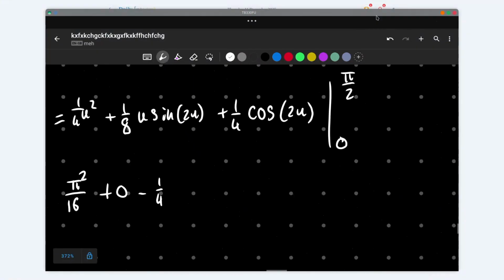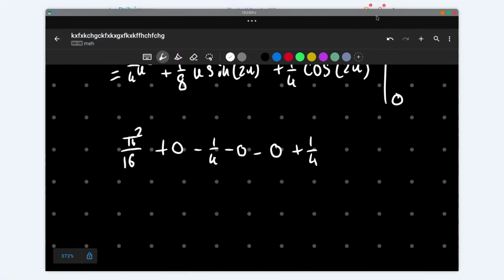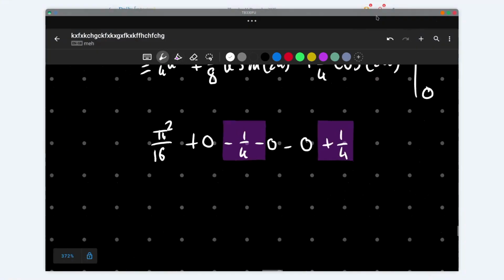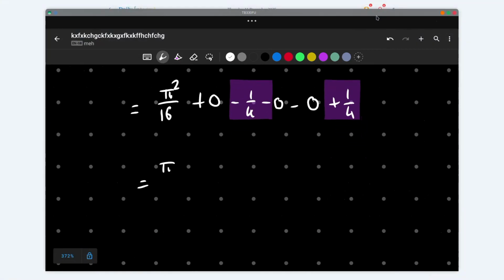Then we have plus minus 0. Whoa. Minus 0. Minus 0 again. That would just be plus 1 over 4. So these would cancel, and you're left with pi squared over 16, I suppose, which is approximately what? 3.14 over, okay.